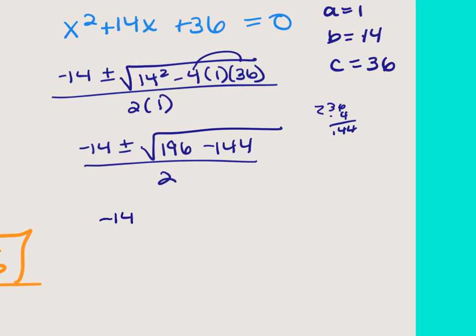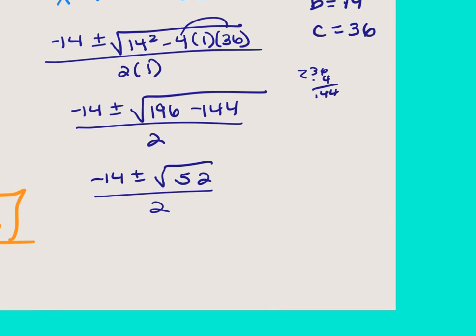196 minus 144 is 52 over 2. 52 is 2 and 26, 2 and 13. Cancel the 2's, bring them out front.